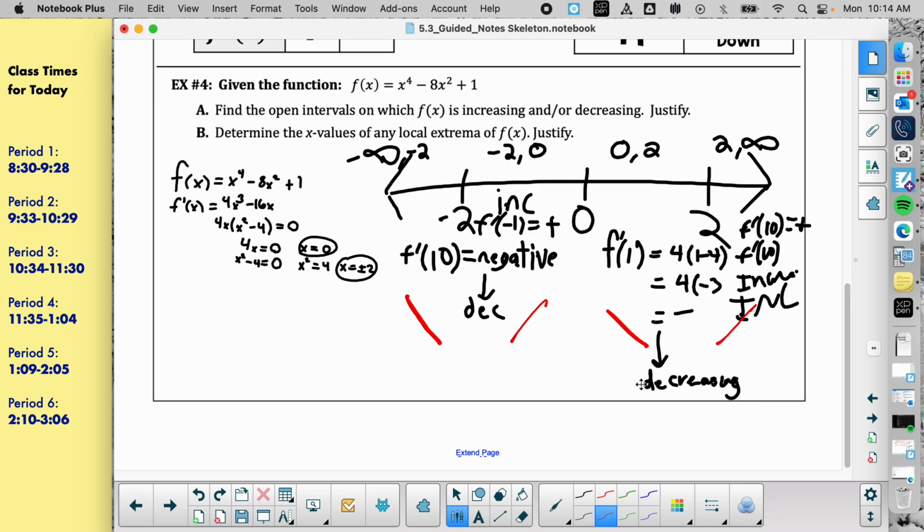Okay, decreasing at negative infinity to -2 and at 0 to 2, increasing at -2 to 0 and at 2 to infinity. Perfect. So it's decreasing from negative infinity to -2 and from 0 to 2. And it is increasing from -2 to 0 and 2 to infinity. Okay, good.